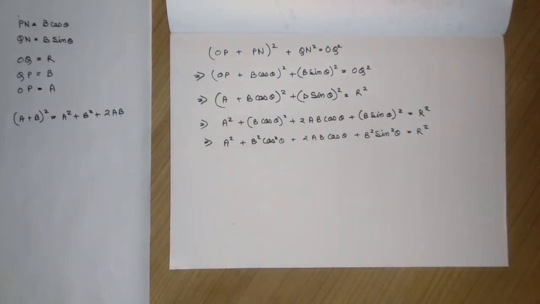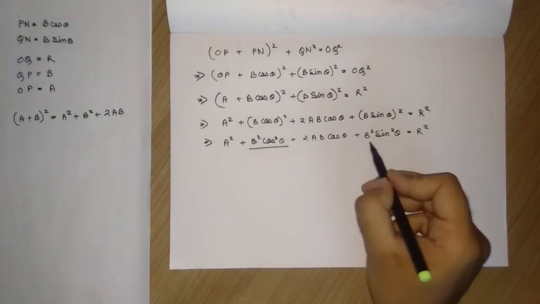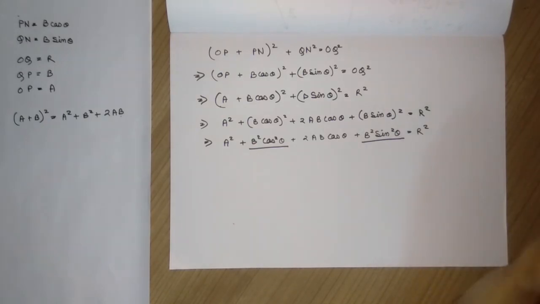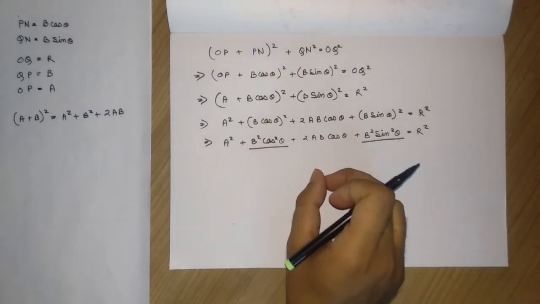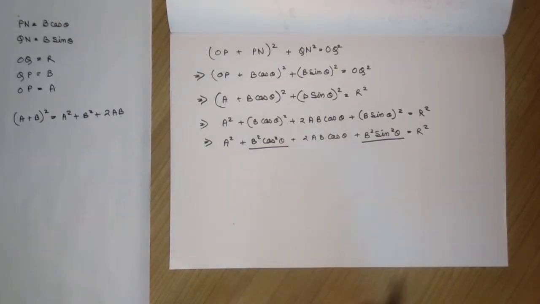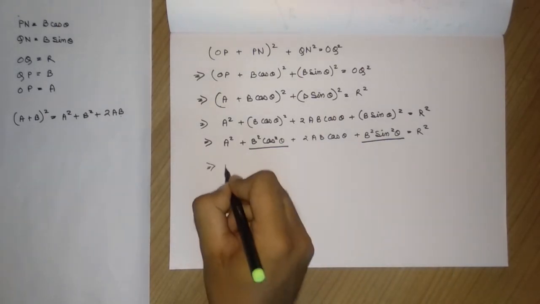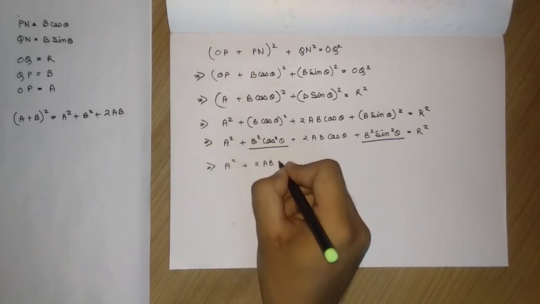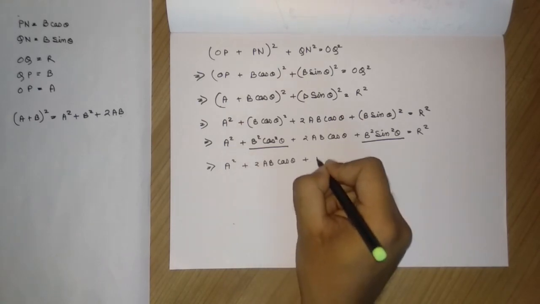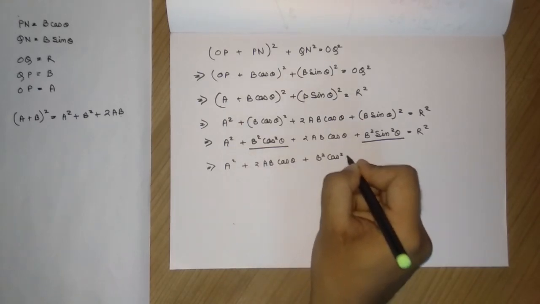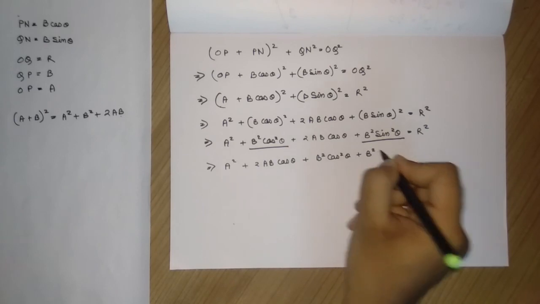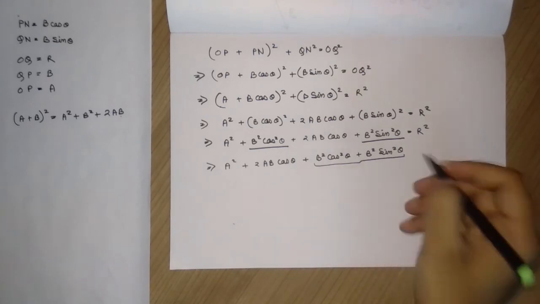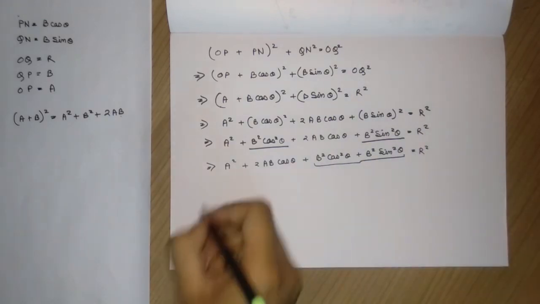Now we have to reduce this equation. How to reduce it? We have the term B square cos square theta and the term B square sin square theta. We can combine these two terms to reduce this whole equation. Let's write it together: A square plus 2AB cos theta plus B square cos square theta plus B square sin square theta equals R square.